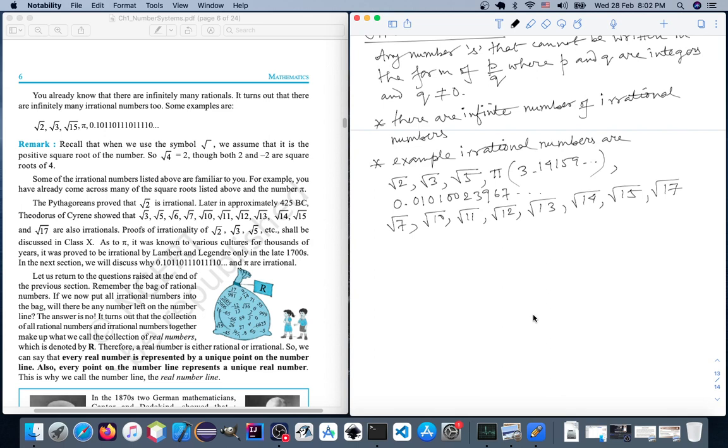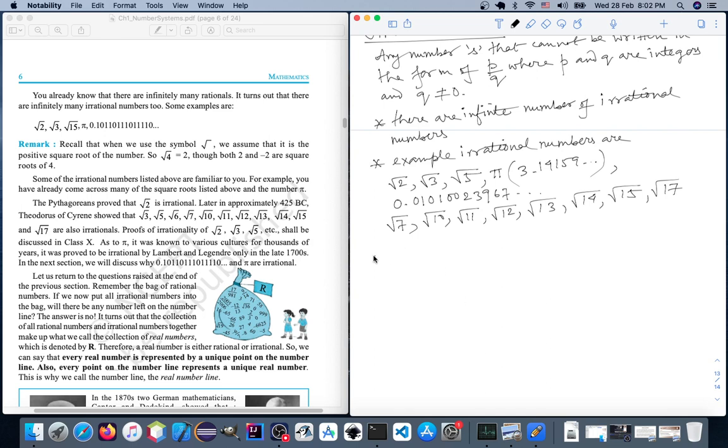The rational numbers are like the numbers in the form p by q. The rational numbers include the whole numbers, natural numbers, integers, and all those numbers in the form p by q. Now, if we consider the rational numbers and the irrational numbers, are there any other kind of numbers left on the number line? The answer is no.